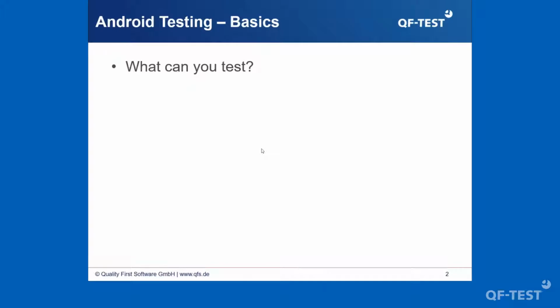So what can you test? You can test Android apps with the suffix .apk. That is what we have explicitly developed QFTest for. When you want to test web applications on your Android device, then it's better to use the QFTest engine for testing web applications and set it to the mobile mode.